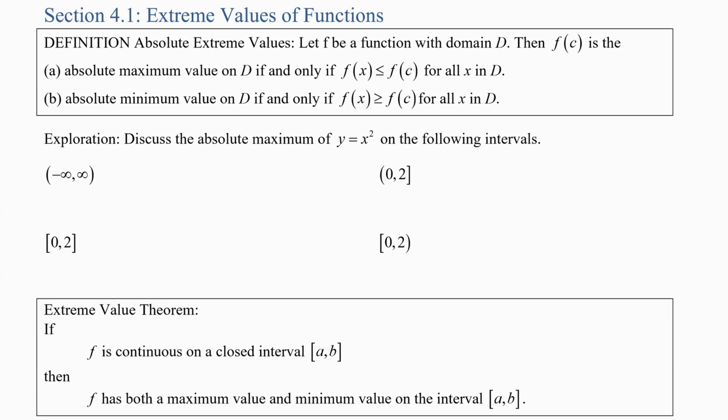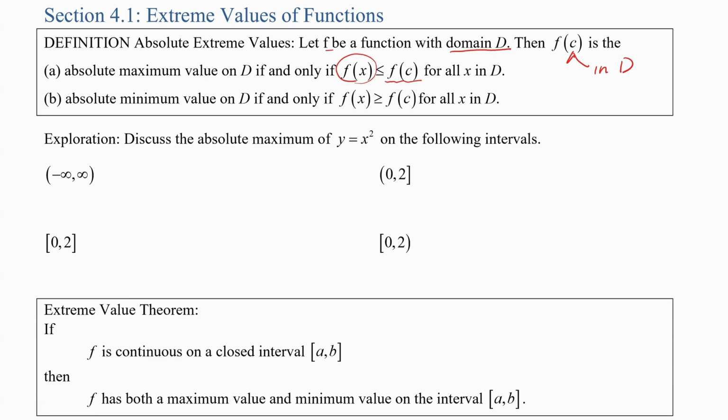We're going to say that if we have some function on a particular domain D, and there's a C, by the way, that C is in the domain D, we say f of C is an absolute maximum on that domain if and only if it is larger than or equal to all the other values from that function on that domain.